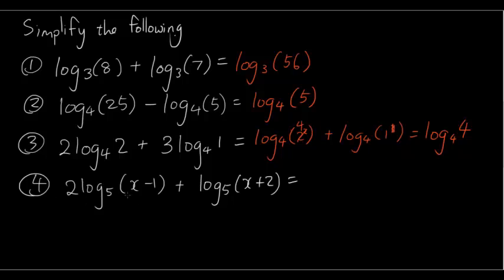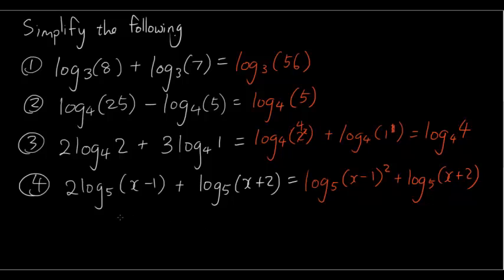Okay, the last one, we got a bit of an algebra question there. So let's simplify the first part. We got log base 5 of x minus 1 to the power of 2, plus log base 5 of x plus 2.